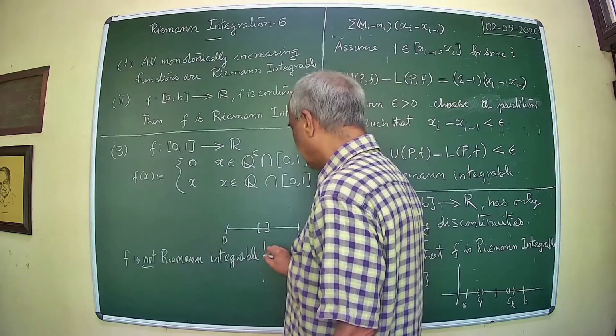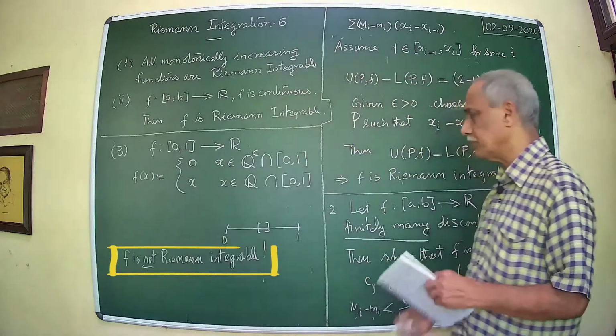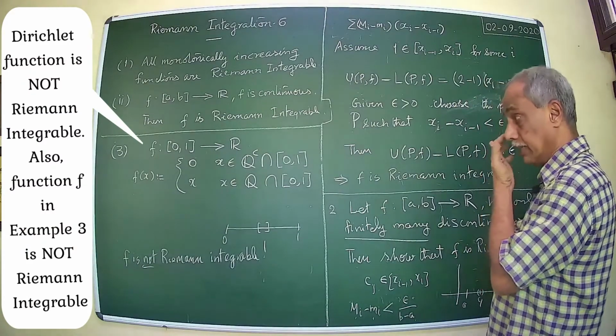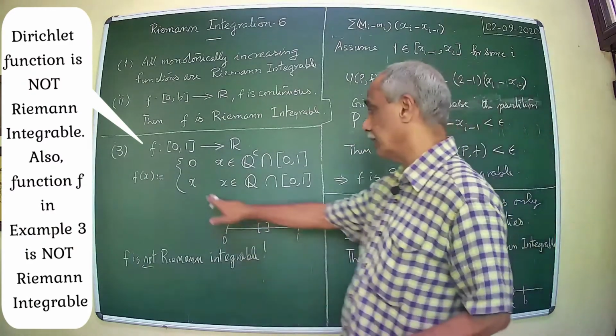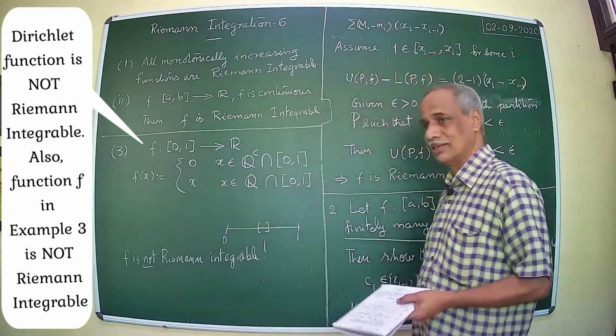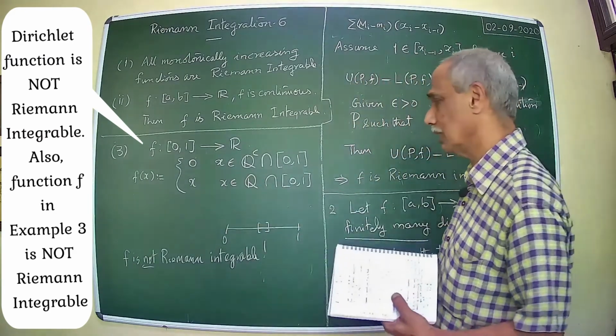So we have seen a function which is not Riemann integrable. In fact, we have seen the Dirichlet function, which is already not Riemann integrable. The only difference is that here you set it as 1, which makes it a constant.